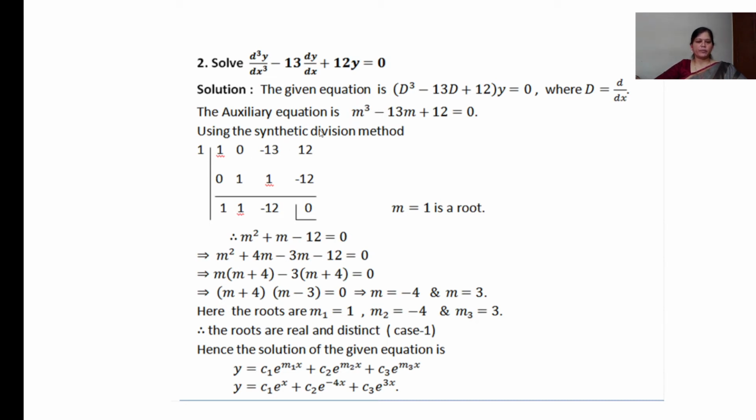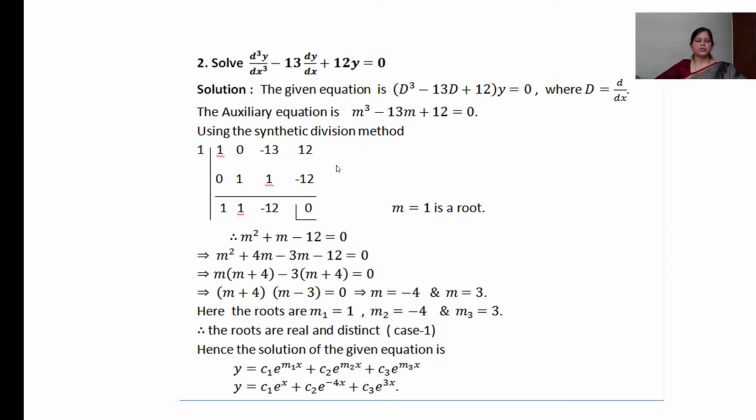Coefficient of m³ is 1, so we write 1. Then m² is not there in the equation, so the coefficient of m² is 0. Coefficient of m is -13, then the constant is 12. Always the first row values are from the cubic equation.